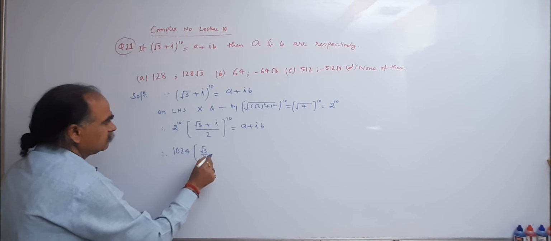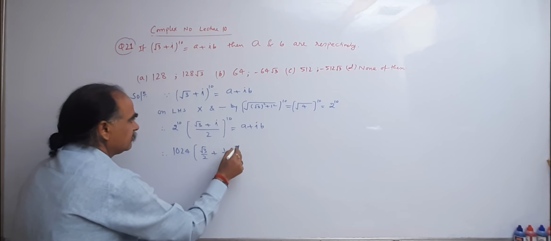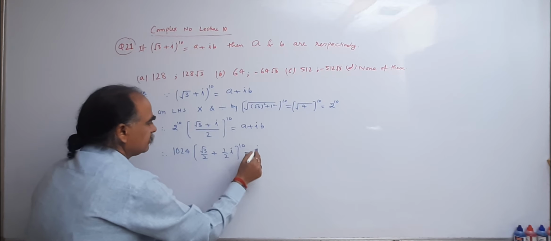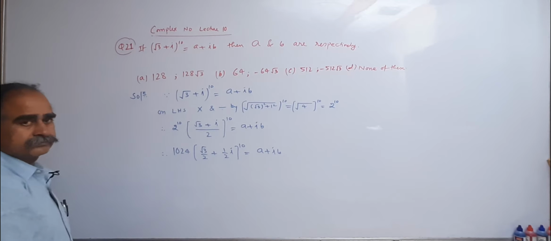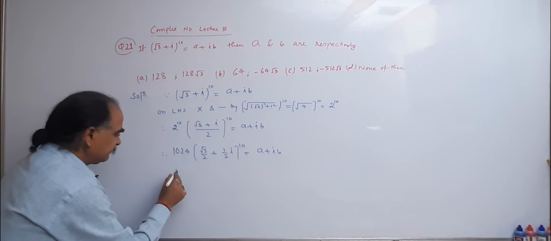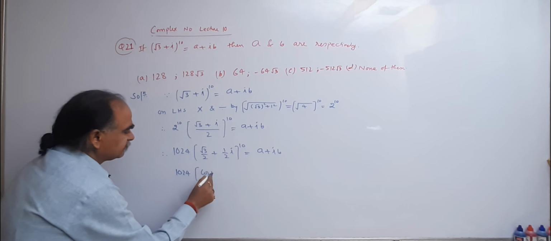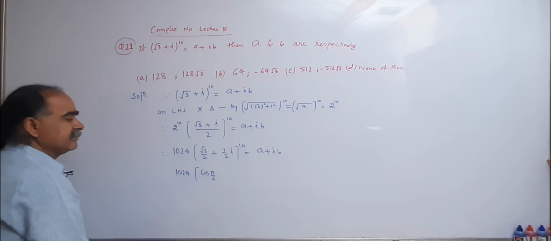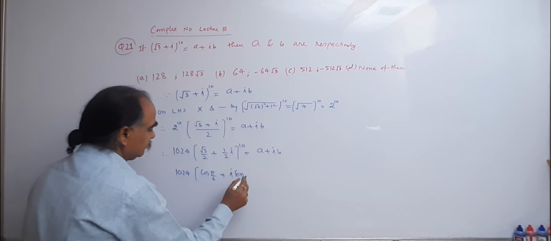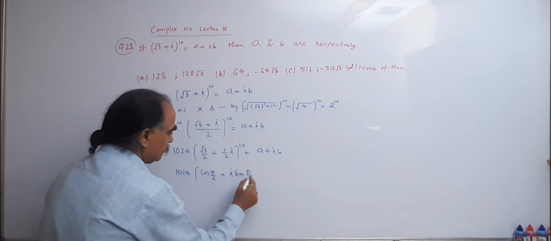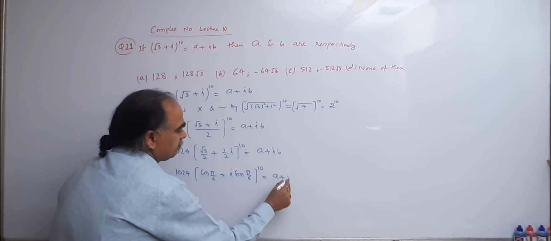(Root 3 by 2 plus 1 by 2 i) raised to 10 is a plus ib. Root 3 by 2 can be written as cos pi by 6, cos 30, plus i sin 30, raised to 10.